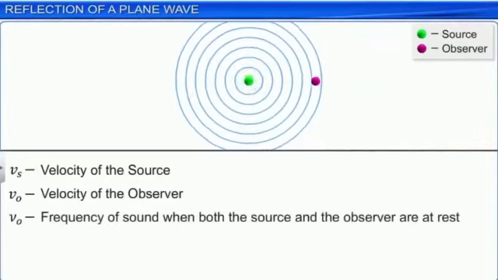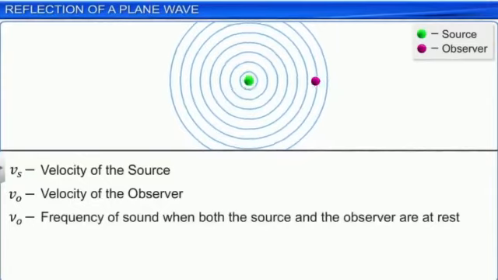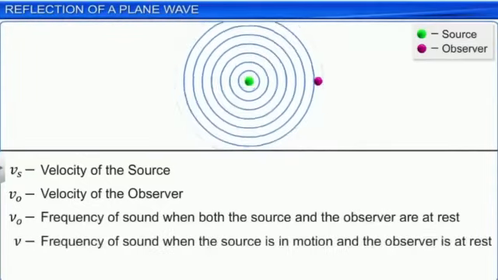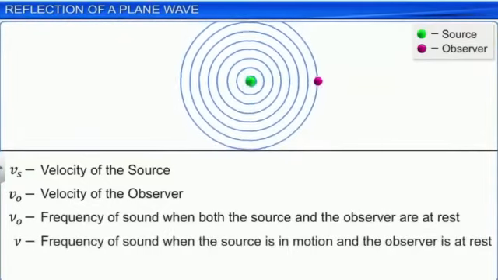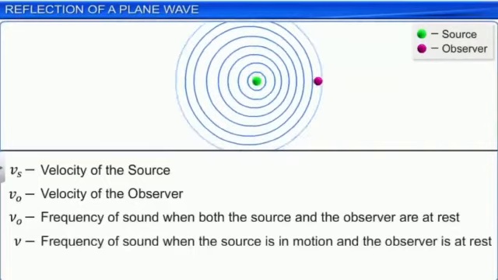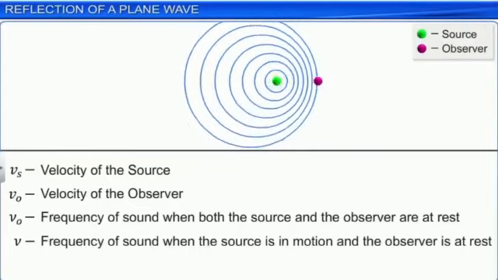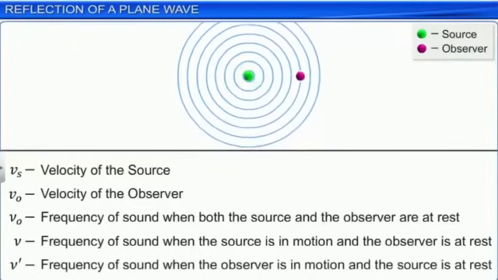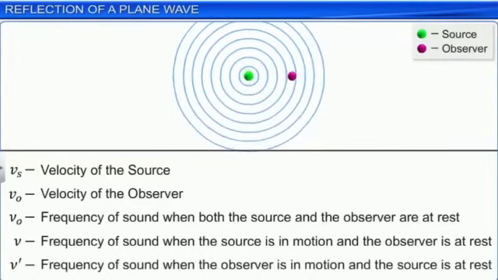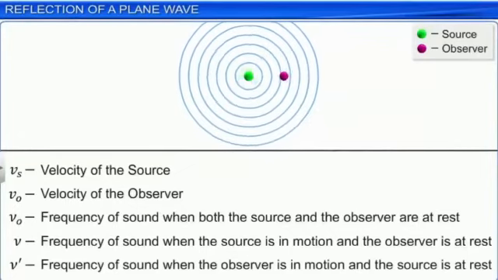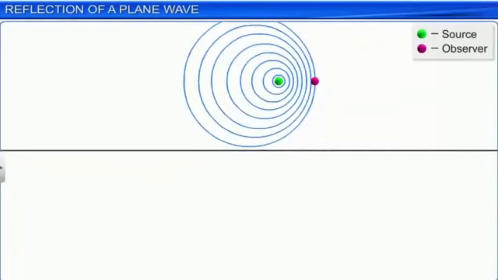And nu naught be the frequency of the sound when both the source and the observer are at rest. Nu is the frequency of sound when the source is in motion and the observer is at rest. Finally, nu dash be the frequency of sound when the observer is in motion and the source is at rest.